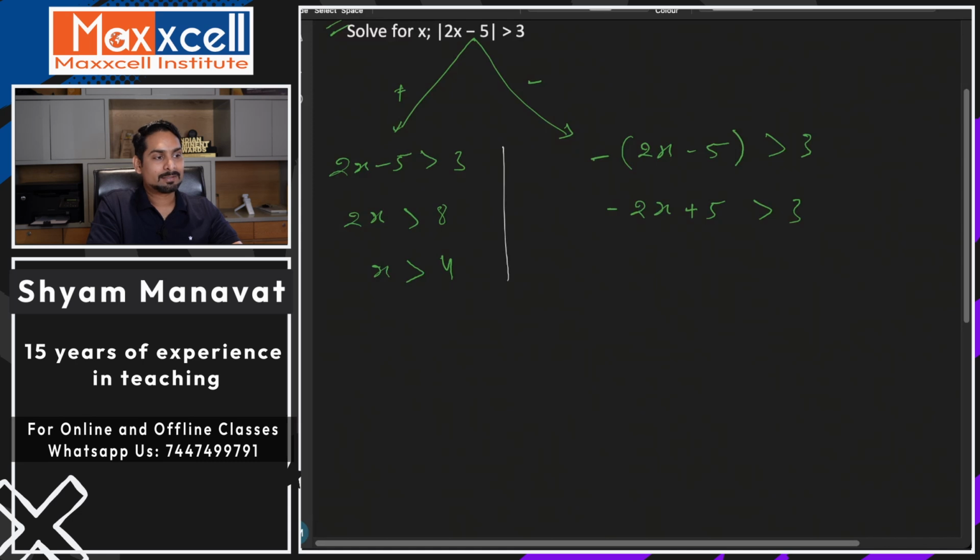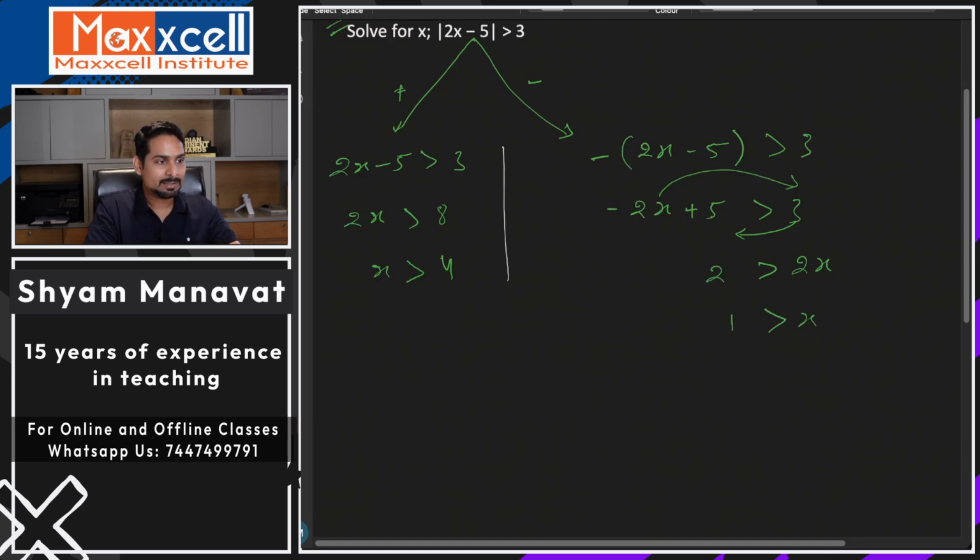You can change the side of minus 2x here, so you get plus 2x, and if you take this 3 here, you get 5 minus 3, that is 2. So x is less than 1 if you simplify.